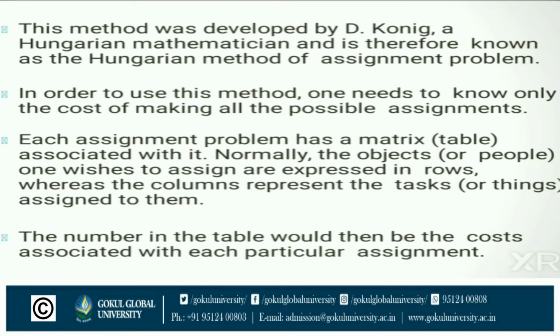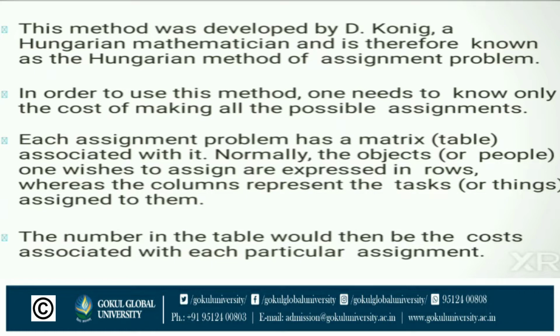This method was developed by D. Konig, a Hungarian mathematician, and therefore it is known as the Hungarian method of assignment problem. We can use the Hungarian method for solving the assignment problem of the linear programming problem. In order to use this method, one needs to have only the cost of making all the possible assignments. Next, each assignment problem has a matrix or table associated with it.